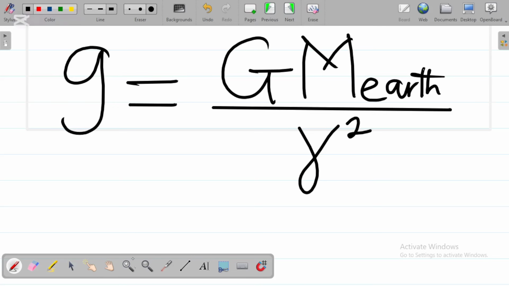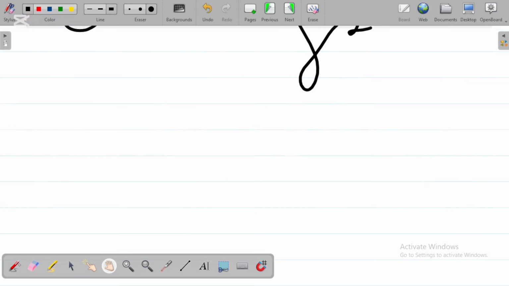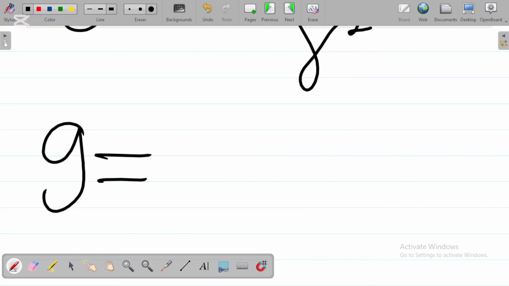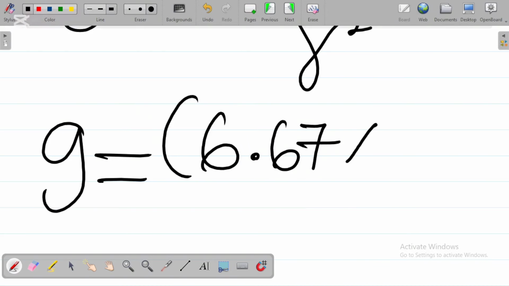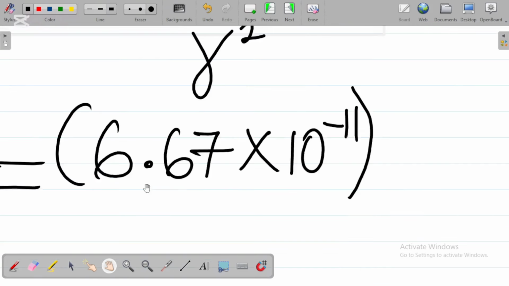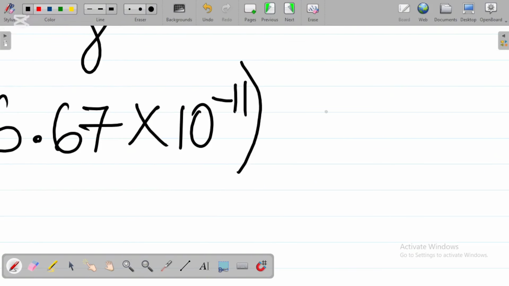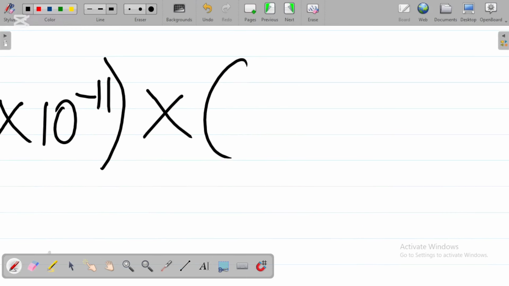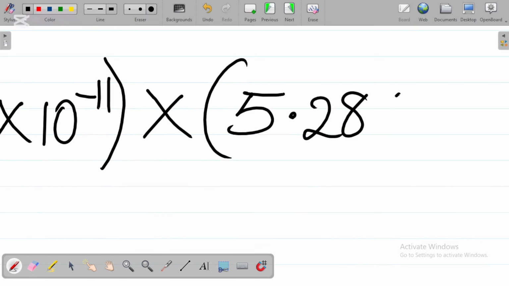So we can now substitute the parameters into this equation. We have that G is equal to, what's the gravitational constant? Gravitational constant is 6.67 multiplied by 10 raised to power negative 11. And then multiply by, what's the mass of the earth? The mass of the earth is 5.28 multiplied by 10 raised to power 24.